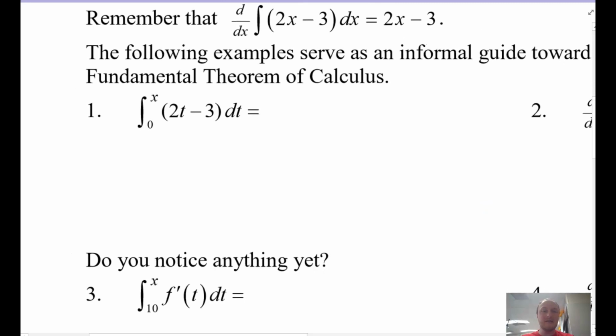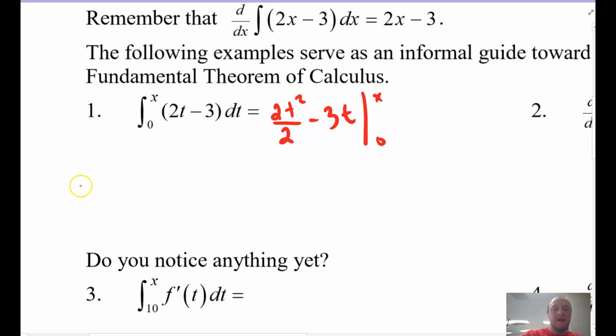Okay, so number one, here we want to integrate from 0 to x of 2t minus 3 dt. So when we integrate this, we get 2t squared divided by 2 minus 3t evaluated from 0 to x.